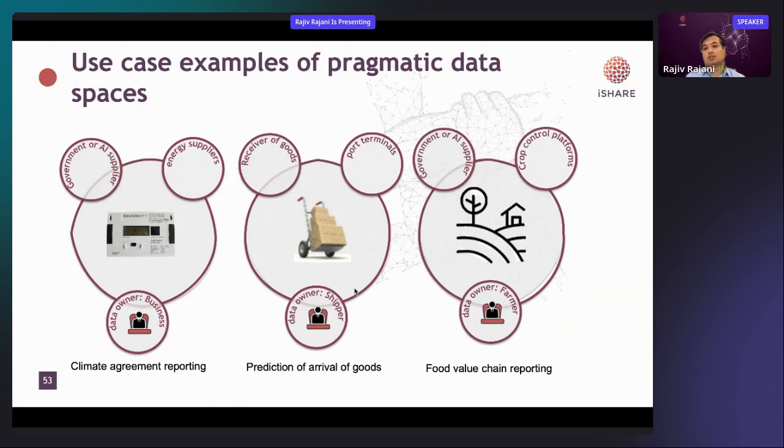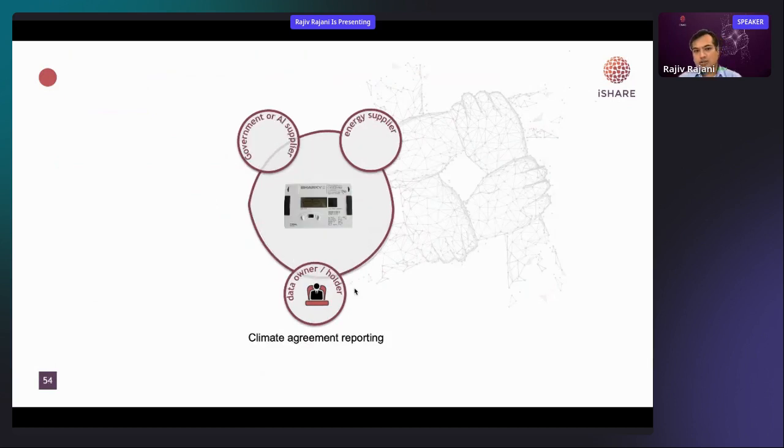So this is concerning when a farmer is growing a certain crop, from that moment till that crop is on your plate, what all has happened to that crop. And you can trust that information because of this trust framework where each participant is trusted, and what information they share is true, right? But let's take one example, and that's this climate agreement, how this is achieved basically.